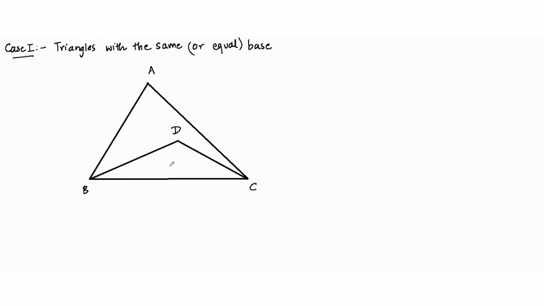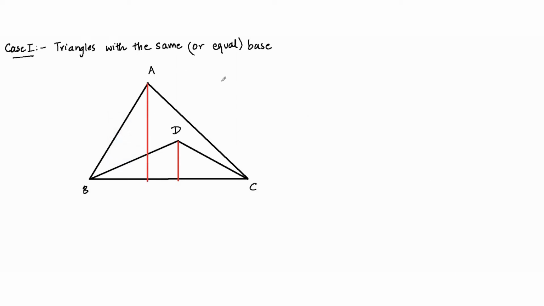So now if you notice, these two triangles have the same or equal base and their heights are however different. If I mark the heights, the height of the triangle ABC is shown by the red line, whereas the altitude of triangle DBC is shown by the blue line, right? So these are the two different altitudes of the two triangles.